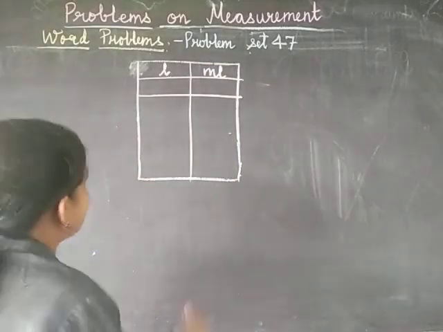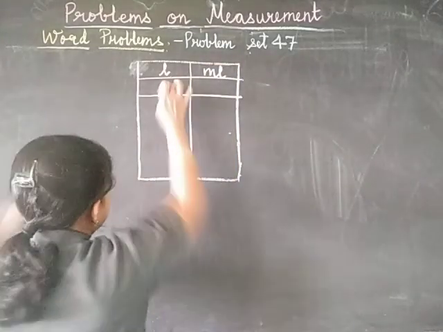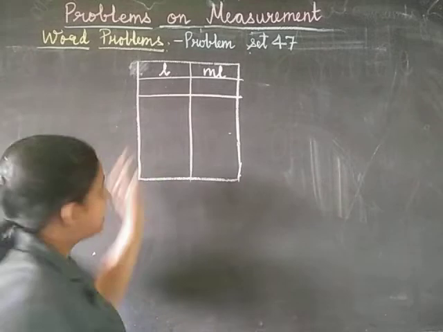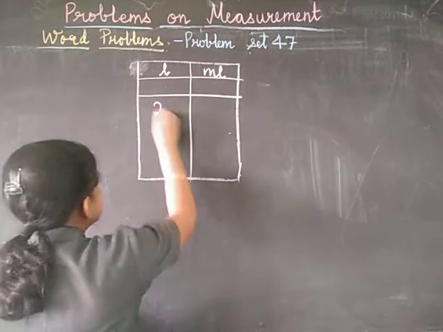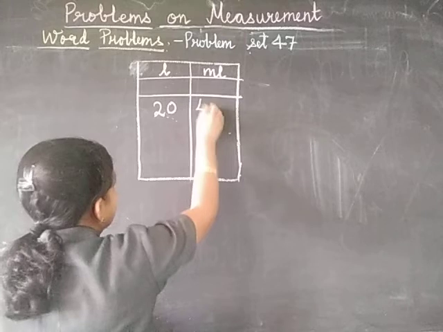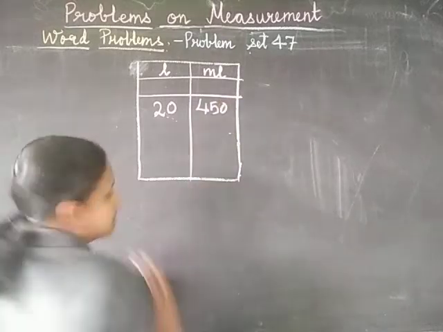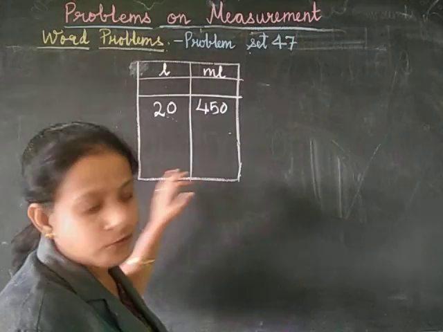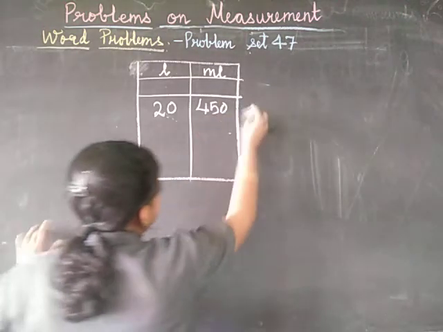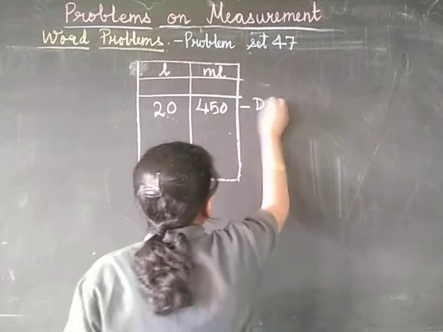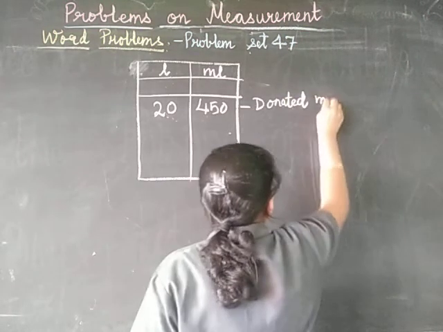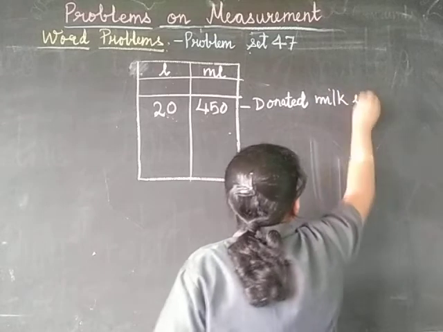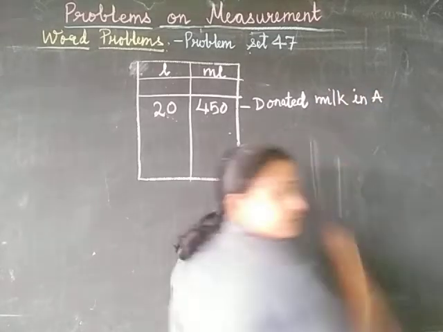Then here you keep a space for carrying over. Then we will write the numbers: he gave 20 liters 450 milliliters of milk, donated in Ashram Shala.